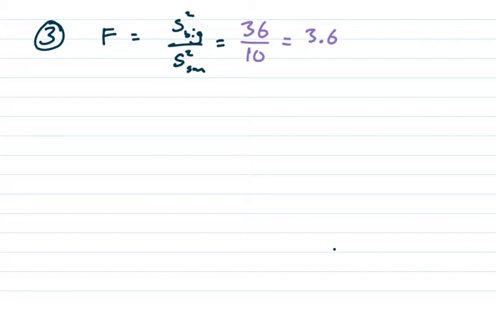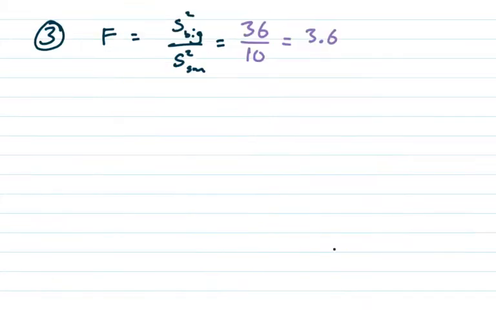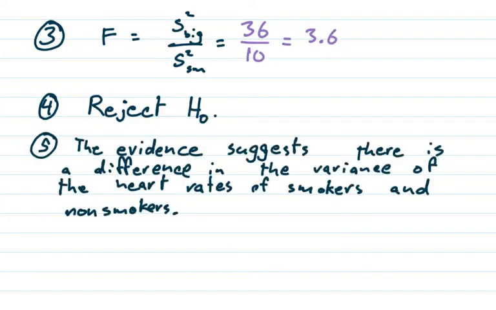And to make the decision, let's just flip back the page here. Notice that 3.6 is greater than 2.56, so that is inside the critical region. And so that means in step 4, we're going to say reject the null hypothesis. We were inside the critical or the rejection region, so therefore we reject the null hypothesis.